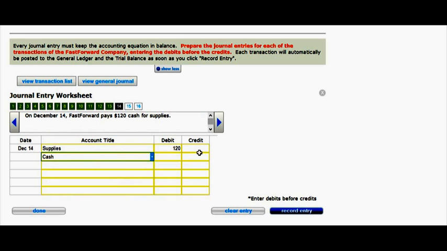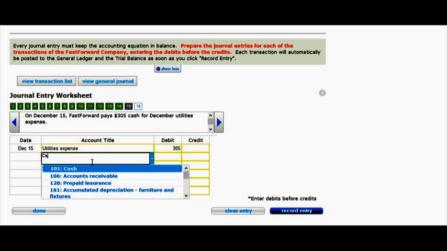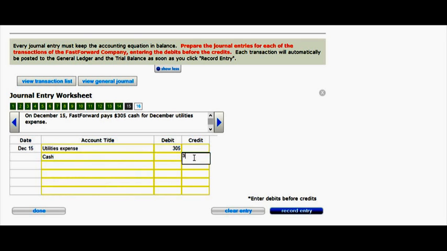Credit cash, $120. Pays cash for utilities. Utilities expense, $305. Credit cash, $305. If you're not sure what your debit should be, you know that cash being paid out will be a credit, so the other side has to be the debit.